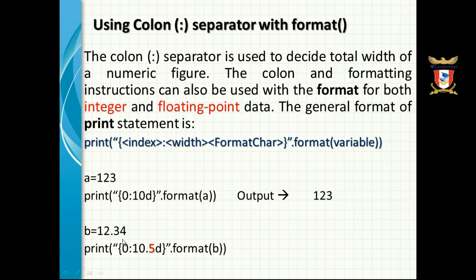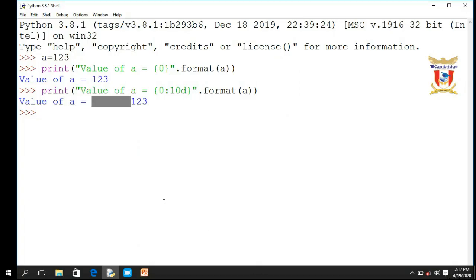In the same way we can also specify a floating value with precision, with decimal places also. In this example I specify 10 as the width of the complete figure and 5 as the decimal places that we want to display. So let's start. Let's suppose I'm having a variable x equal to 12.23.